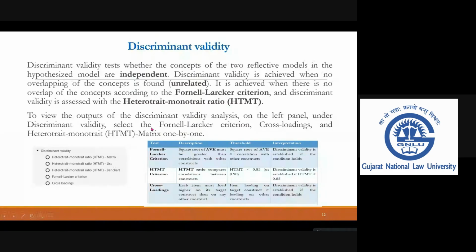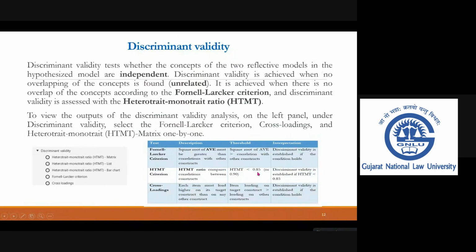So we are going to understand whether we have three constructs like work stress, teamwork, helping behavior, whether the particular constructs are independent, and whether each construct is measuring what it intends to measure. Are they having any kind of overlap? So by using HTMT, Fornell-Larcker criteria, and cross-loadings, we try to see whether they are independent or overlapping between each other.